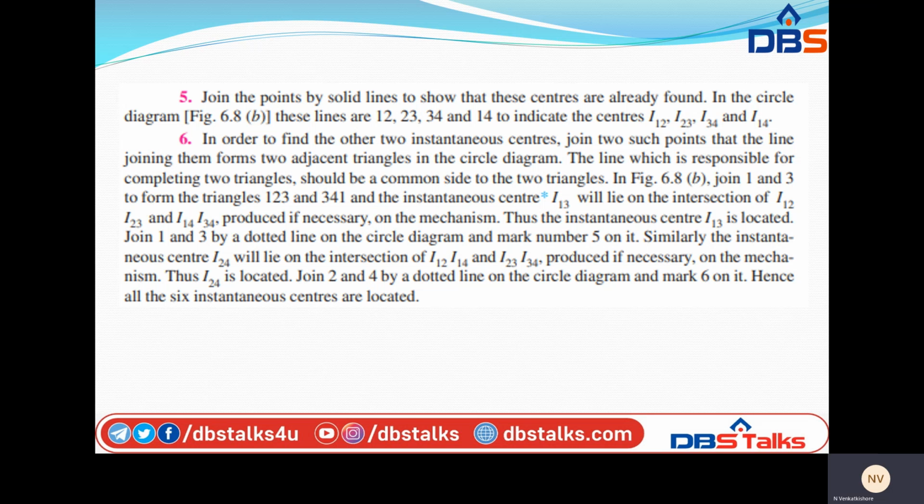Thus, the instantaneous center I13 is located. Similarly, I24 will be on the intersection of I12, I14 and I23, I34 on the mechanism. Thus, I24 is located. Join 2-4 by a dotted line on the circle diagram and mark it as 6. Hence, all the 6 instantaneous centers are located.